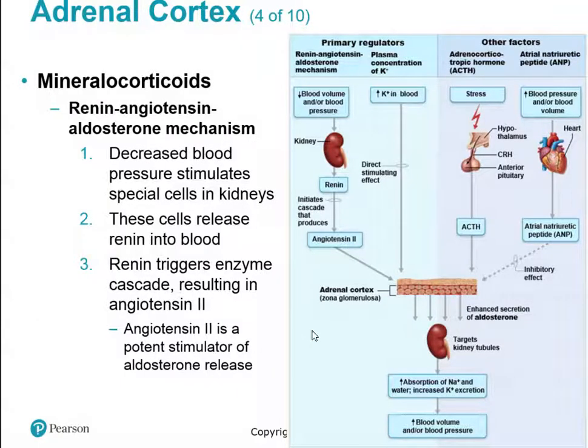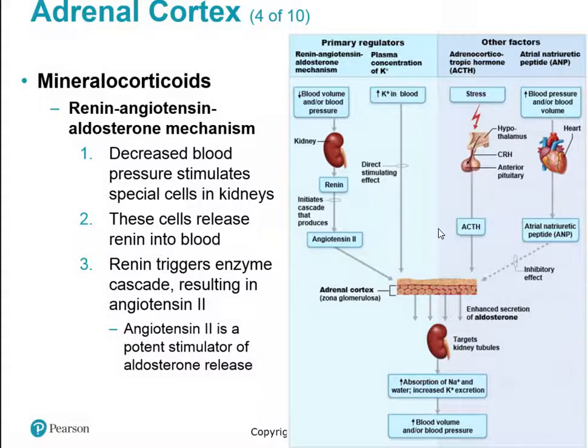Aldosterone goes back to target the kidneys and tells them to absorb more sodium and excrete more potassium. As we reabsorb more sodium, we're also reabsorbing more water. That excess water goes to the blood to help raise our blood volume and blood pressure.